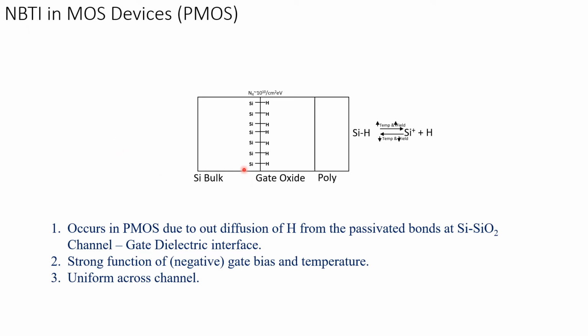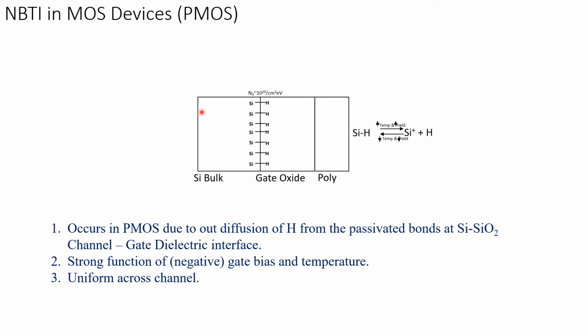NBTI occurs in PMOS due to the out-diffusion of hydrogen from the passivated bonds at the SiO2 channel to gate dielectric interface. So this is what I am showing. This is the channel region, the silicon bulk, and the SiO2, which is the gate oxide, wherein I'm showing hydrogen which is introduced in one of the processing steps so as to passivate the dangling bonds that are present because of the crystal mismatch between the Si and SiO2.